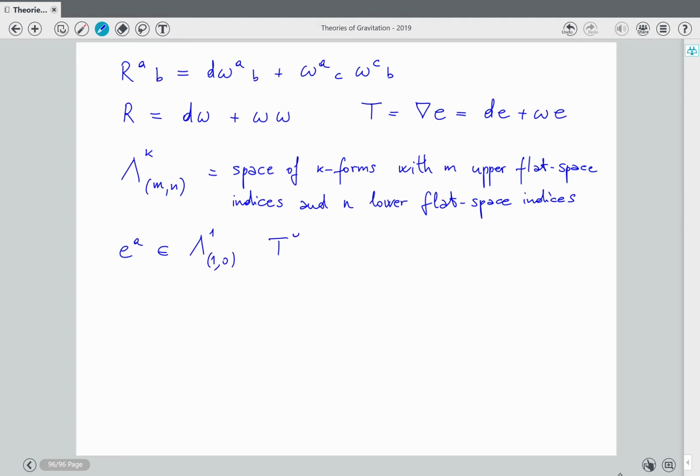T, the torsion, they are two forms with one upper index. R, AB, is a two form with one index up and one index down. And so on.